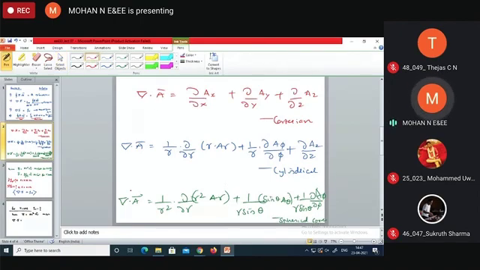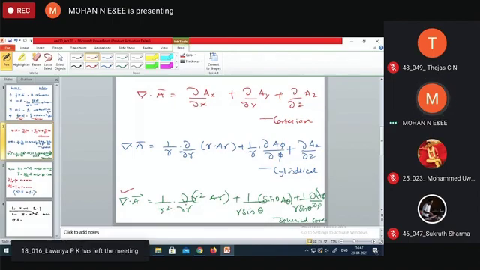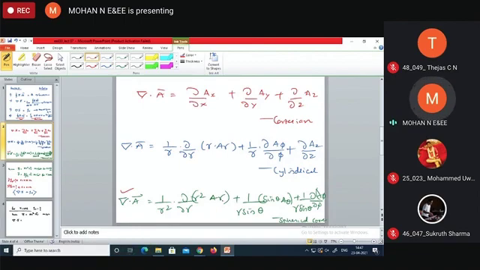You have to make use of this expression: 1 by r square into dou by dou r of r square into D r. The component along theta and the component along phi is absent.